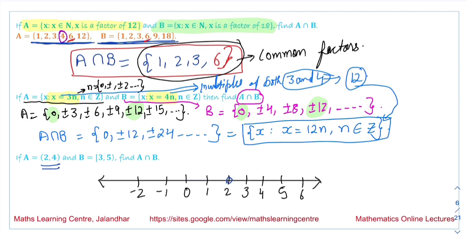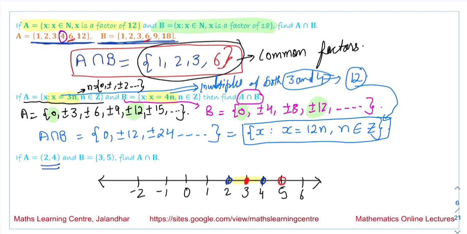So open interval means 2 is not included, 4 is not included, and we are talking about all the numbers between 2 and 4. Next, B represents the semi-open or semi-closed interval. It is closed at 3, so it is dark over here at 3, and it is open at 5.